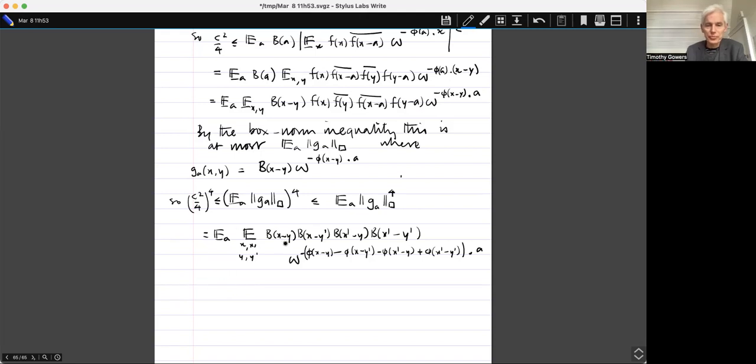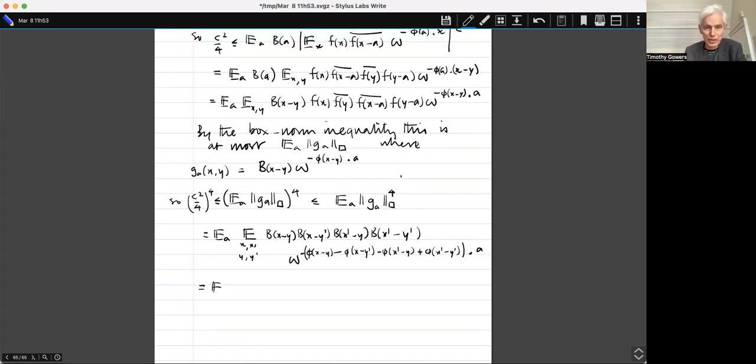I'm going to observe that if we look at these 4 variables and think about what happens to these 4 expressions, so that one plus that one equals that one plus that one, and those are the same, so that one plus that one equals that one. And so in fact those 4 expressions inside the brackets range uniformly over all additive quadruples.